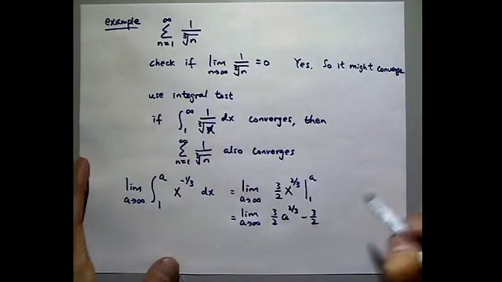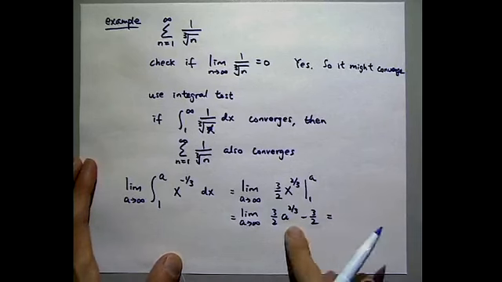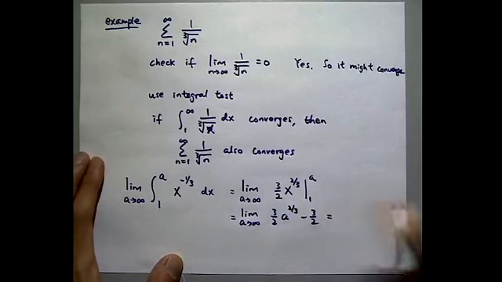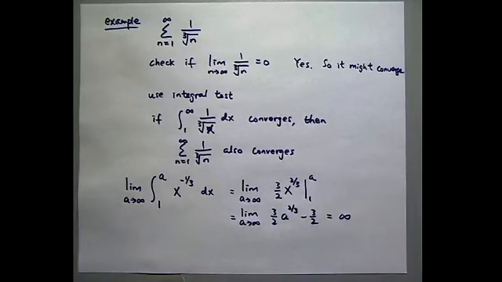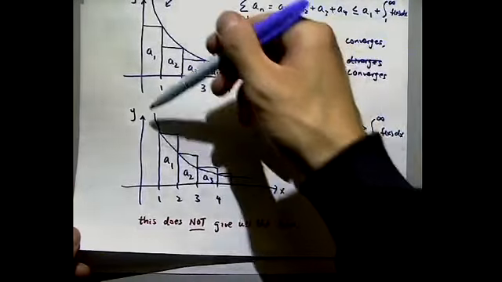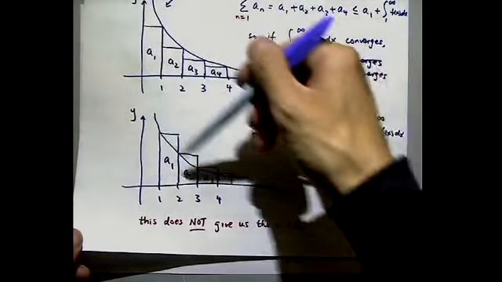Right, and what do we get? Infinity. Pretty clear. All right, so this is like the second case here. I found out that the improper integral is divergent.